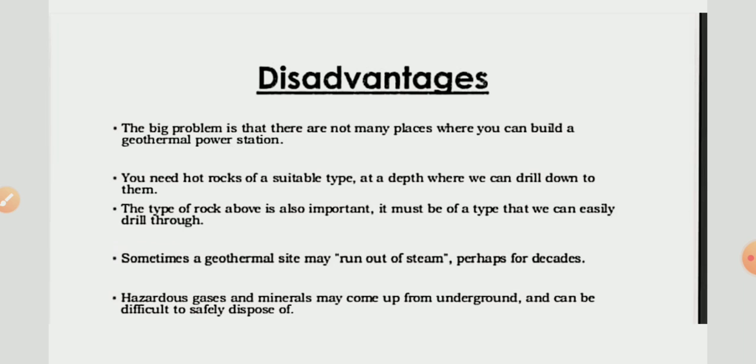Sometimes a geothermal site may run out of steam, perhaps from decay. And here gases and minerals may come up from underground and can be difficult to safely dispose of.